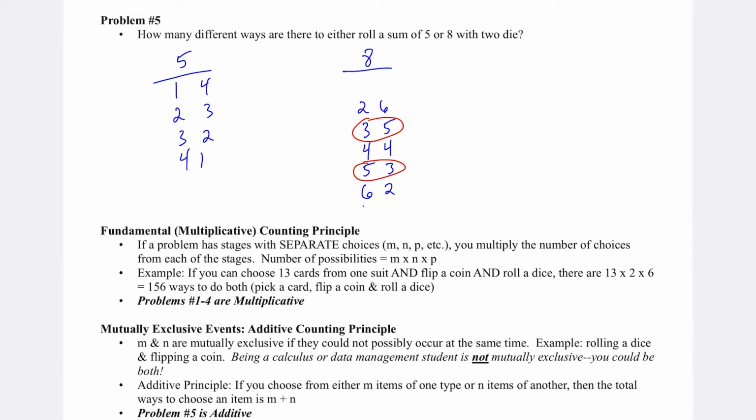What I want you to think about is this being a red die and this one being a blue die. If the red die had a 3 and the blue die had a 5, that would be a different picture than if the red die had a 5 and the blue die had a 3.